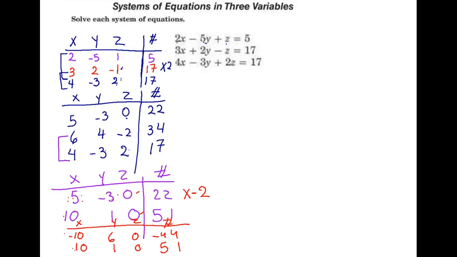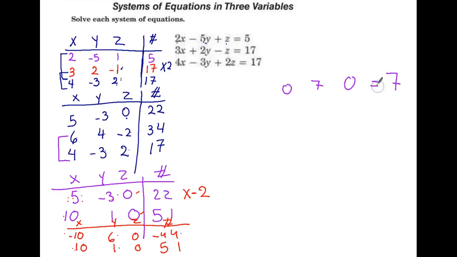By adding them, negative 10 plus 10 is 0. 6 plus 1 is 7. 0 plus 0 is 0. Negative 44 plus 51 is 7.